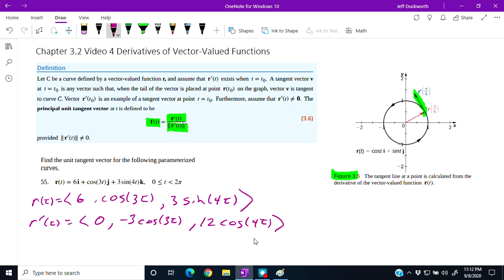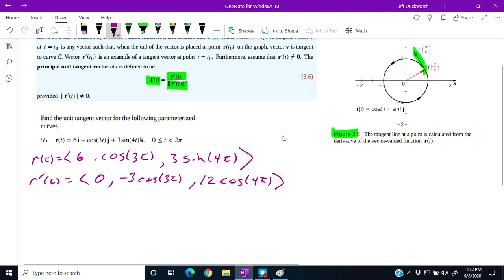So that's our r prime, and to find this T, this is r prime of t, which we have there, over the magnitude of said r prime. So we have r prime right here.